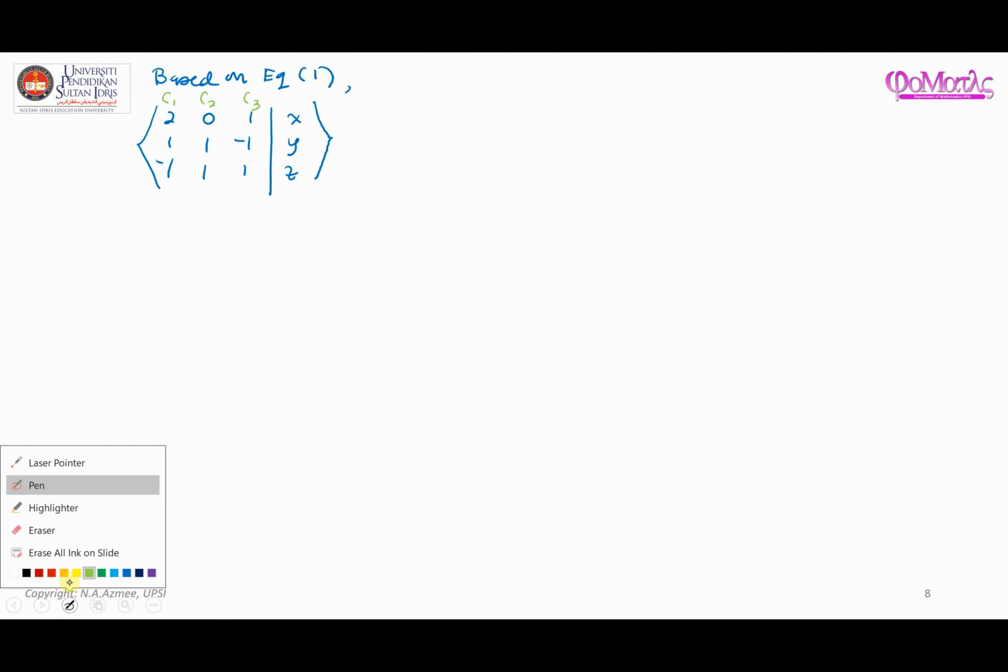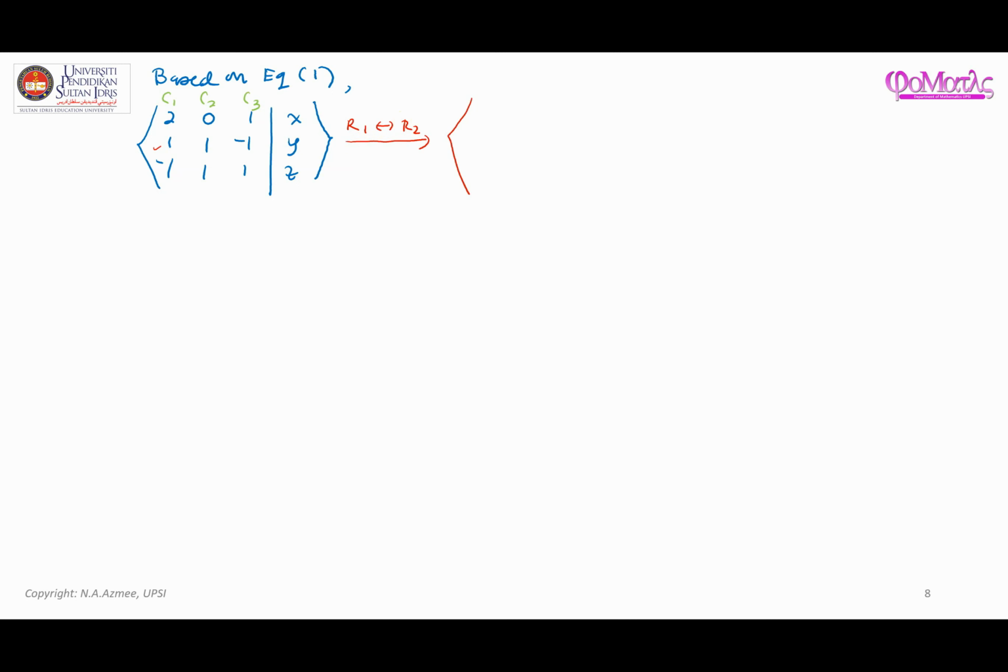Next, because this is already 1, I'm just going to swap the first row with the second row, and the result is (1, 1, -1, Y), (2, 0, 1, X), (-1, 1, 1, Z).